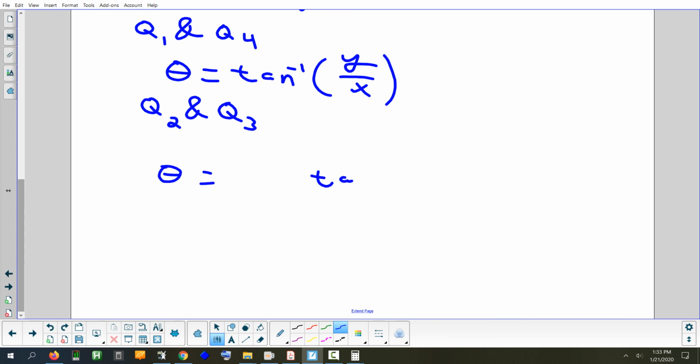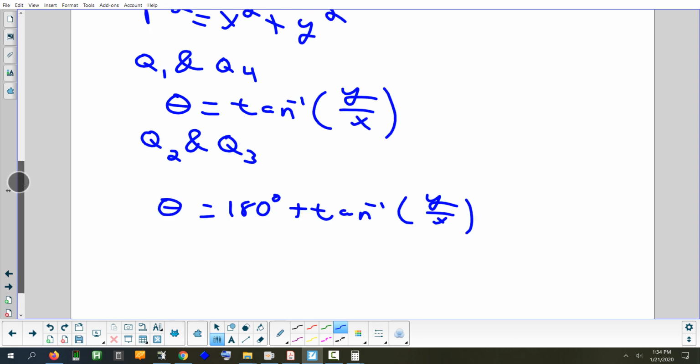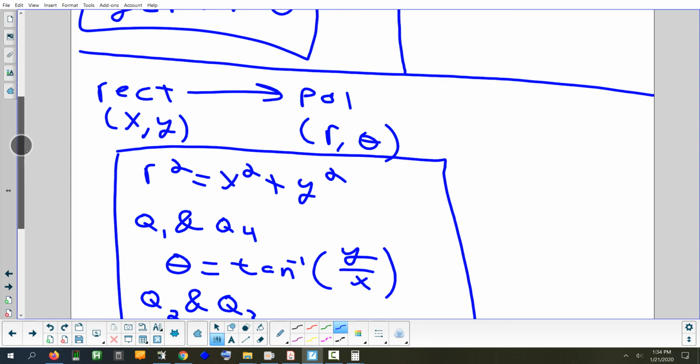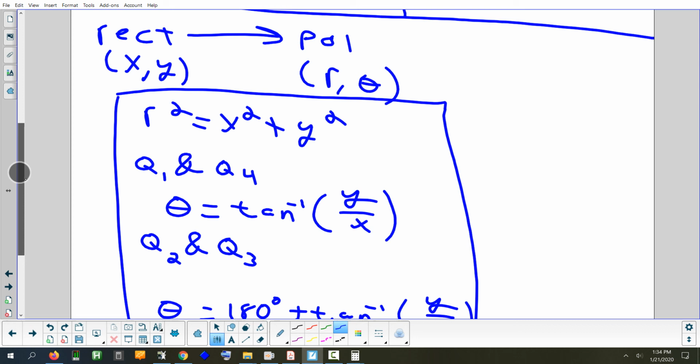It's the inverse tangent of y over x, but you have to add 180 to that if you're in degrees. If you're working in radians, you would add pi. So those are the formulas that you use to convert from rectangular to polar.